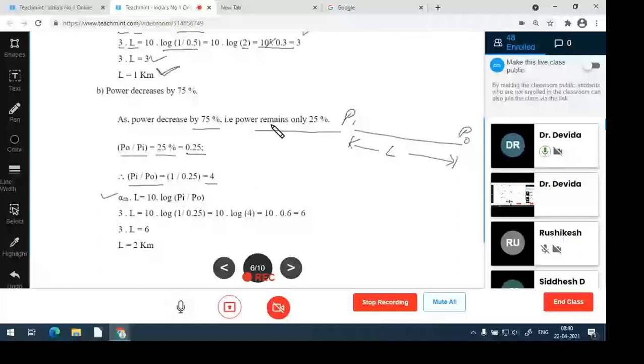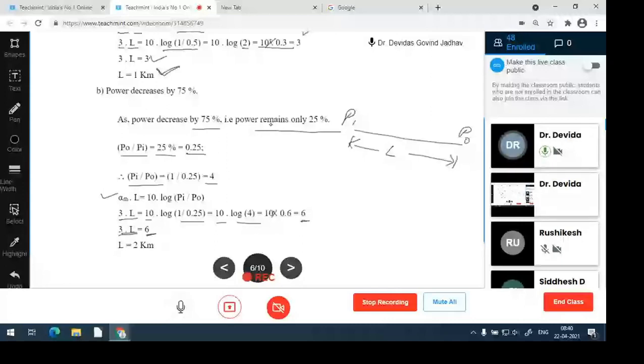Again we use the same formula: alpha dB into L equals 10 log of Pi upon PO. Alpha dB is given as 3, and 10 log of Pi upon PO is 10 log of 1 upon 0.25, which is 10 log of 4. So 10 into 0.6 is 6. So 3 into L is calculated as 6.